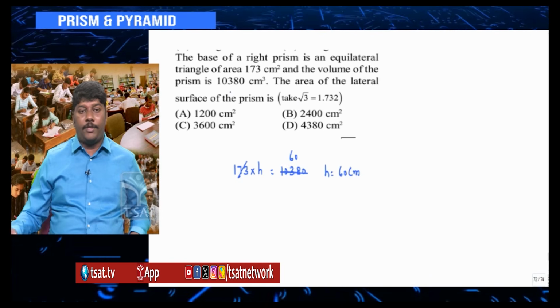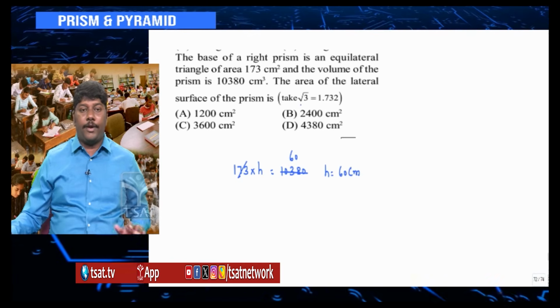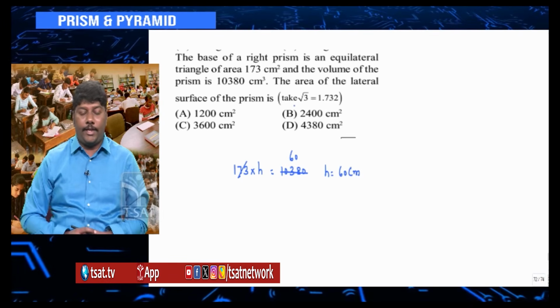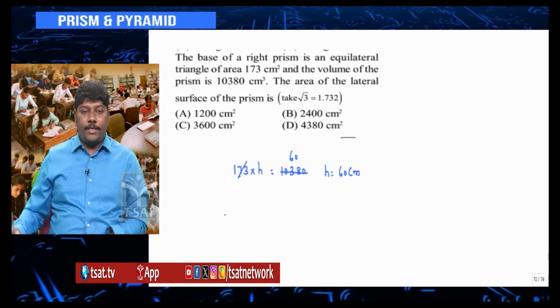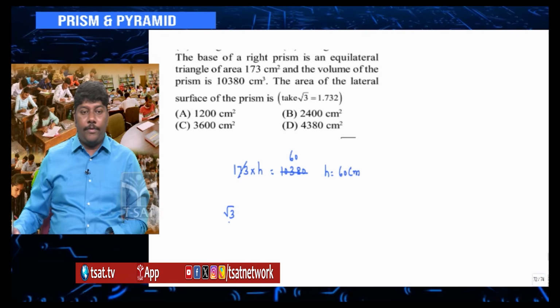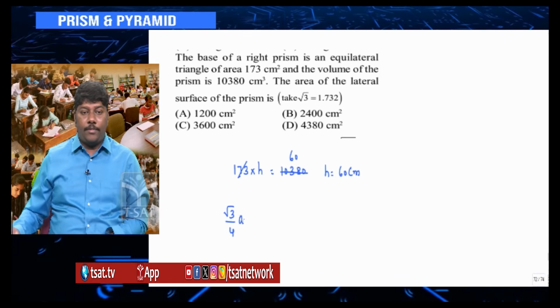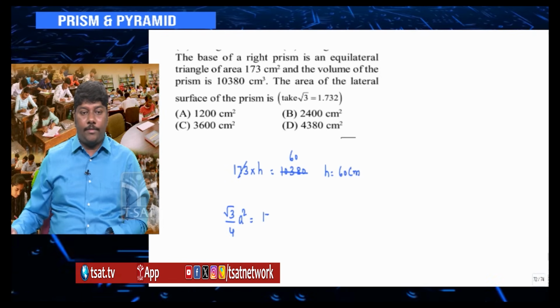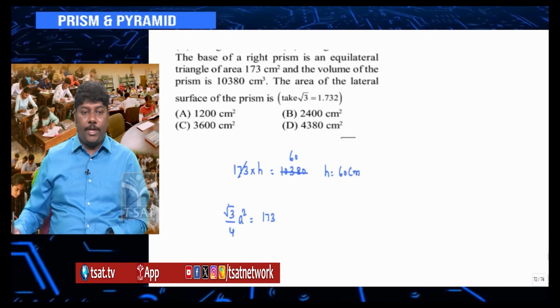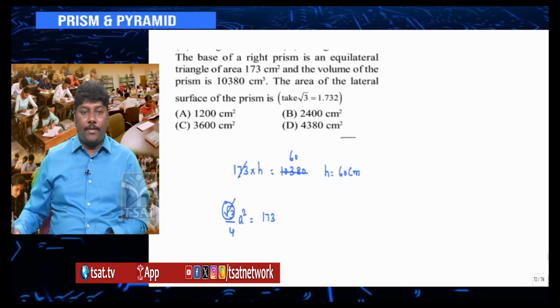You just need to find out the lateral surface of the prism. First, you need to find out the perimeter of this equilateral triangle. Equilateral triangle area is √3 by 4 a square is equal to 173. Assume that it is 1.73, cancel 1.73.